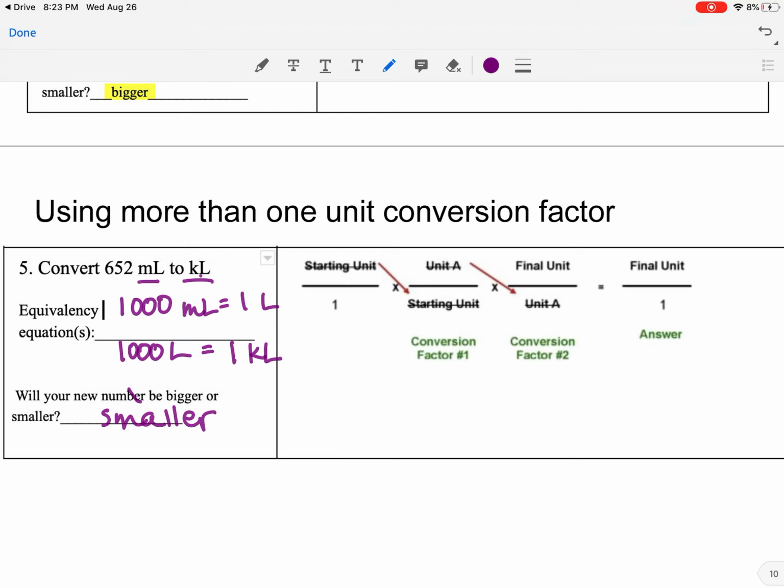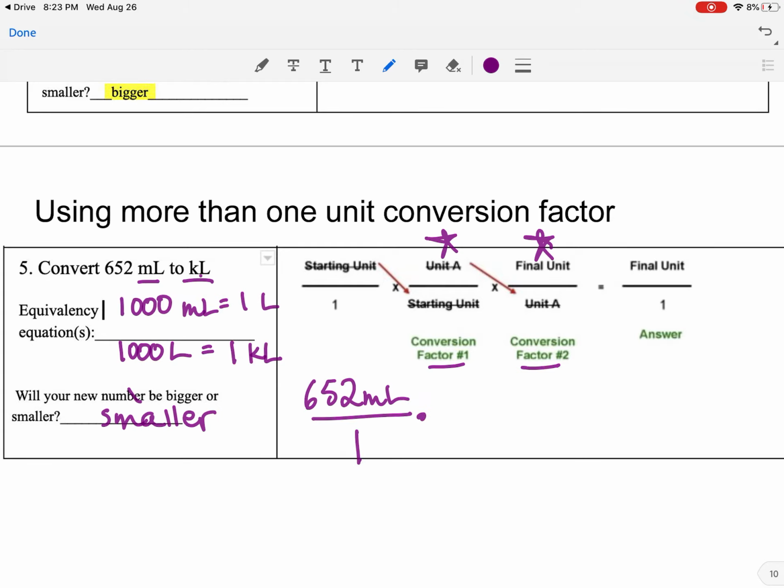All right, so let's practice this. We're going to do all the same steps, but we are going to have not 1, but 2 conversion factors. First step is always start with my original number. So I have 652 milliliters over 1.